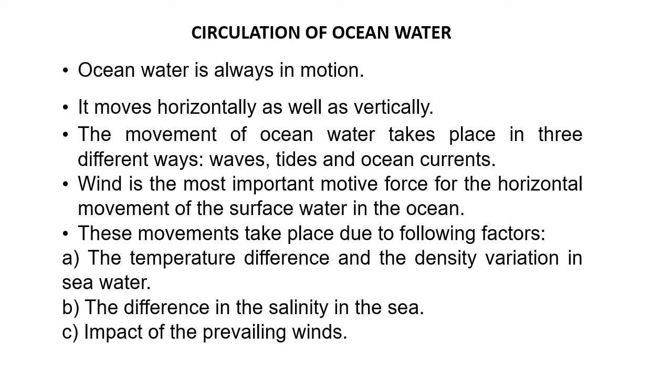You know that there are differences if the ocean is located near the polar area or near the equatorial area. There is a huge difference of temperature, and that is why there are differences in waves, tides, ocean currents, and the difference in the salinity in the sea.